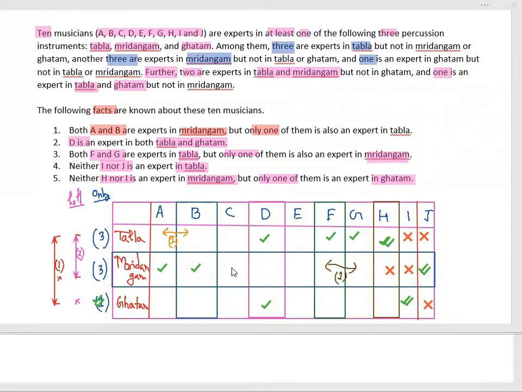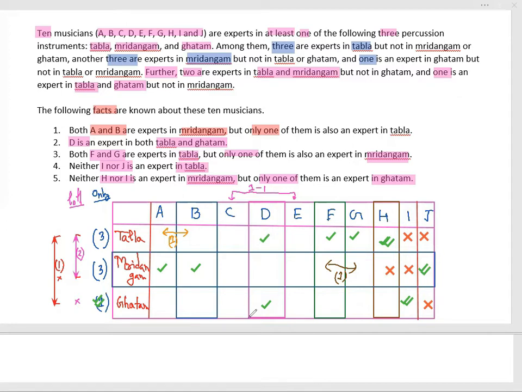So definitely either C or E, any one would be only mridangam. So I can go on writing C or E. One of them would be mridangam, M. One of them, M.